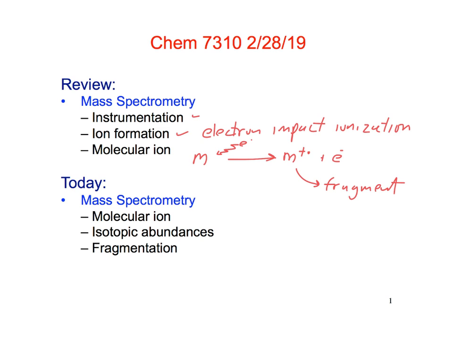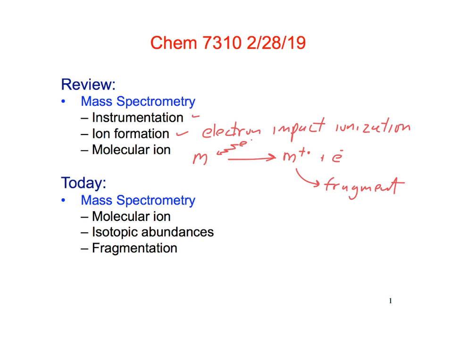They're separated by their deflection in a magnetic field, and then they're detected and counted, and so our spectrum really shows mass to charge ratio on the x-axis and abundance on the y-axis. Remember, the tallest peak is called the base peak. The peak that includes all of the atoms is the molecular ion.